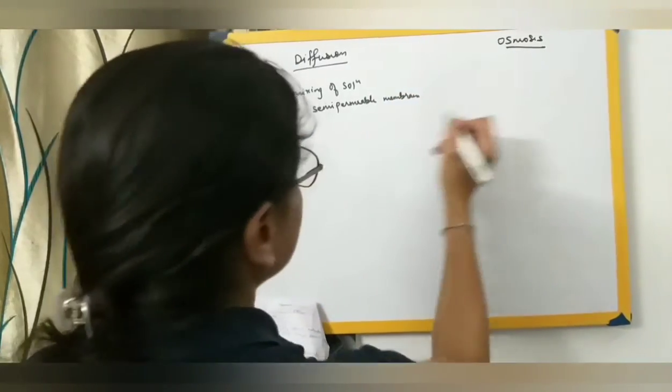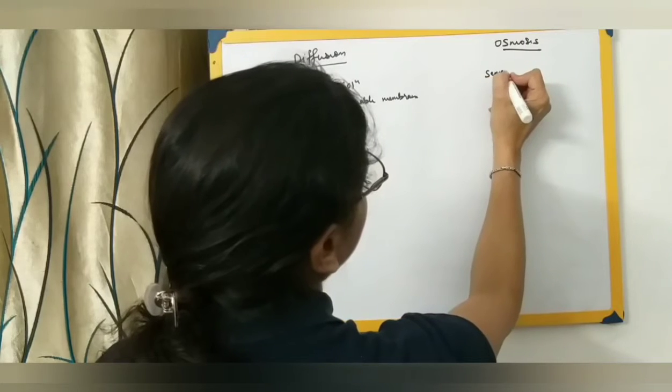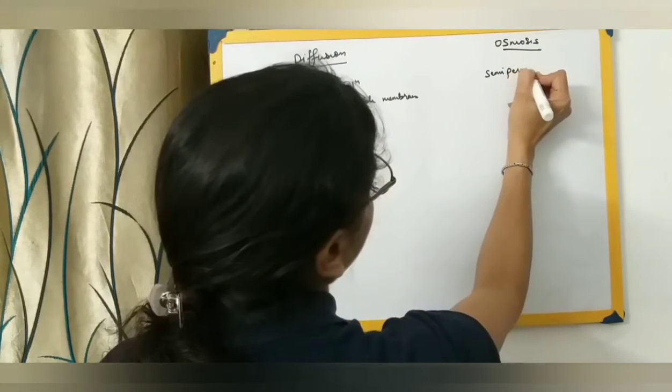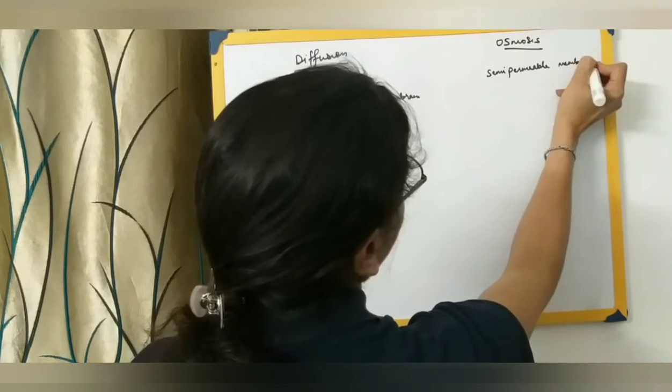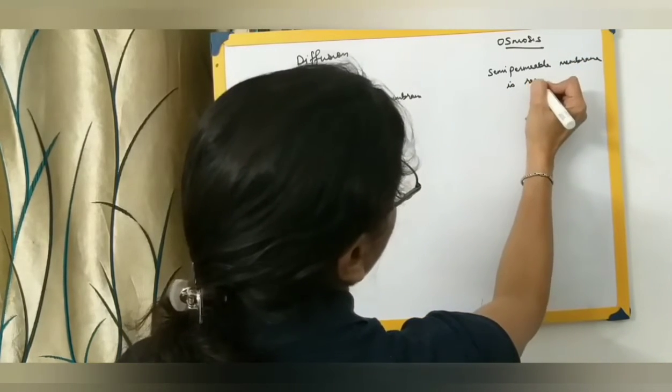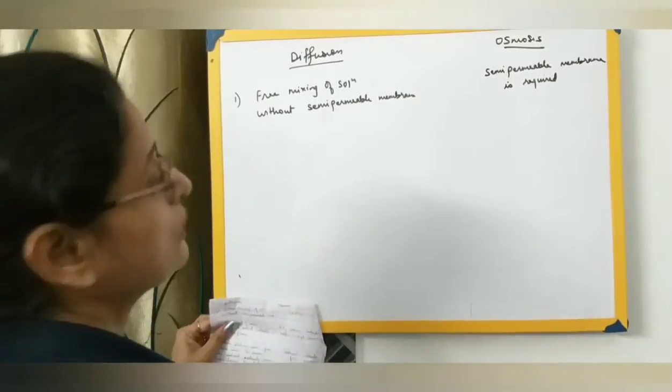Now here, semi-permeable membrane is required. If semi-permeable membrane is not there, then we cannot call that process osmosis.